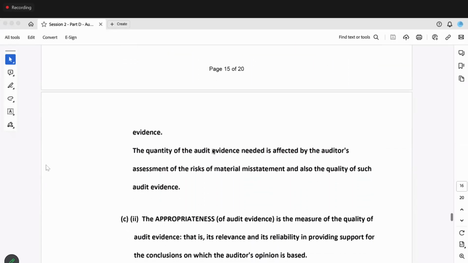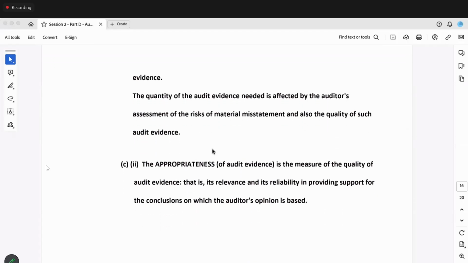So it could be coming from that. Appropriateness refers to those audit procedures that are effective to help the auditor obtain appropriate audit evidence, that the audit evidence is of the kind of quality that suffices and also has relevance and reliability in supporting the conclusion the audit opinion is based on.